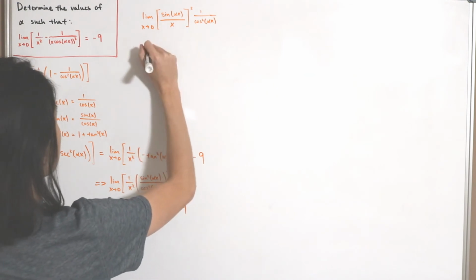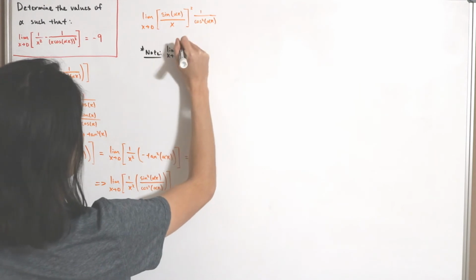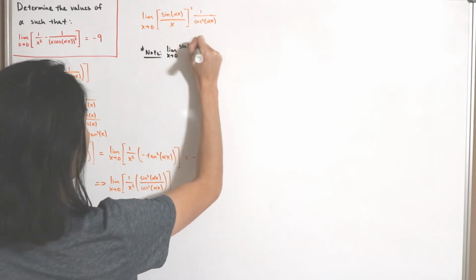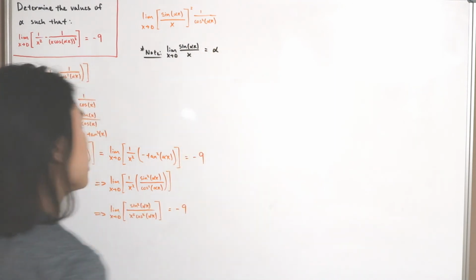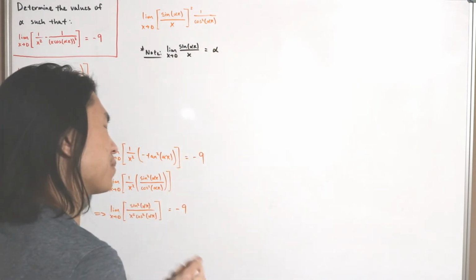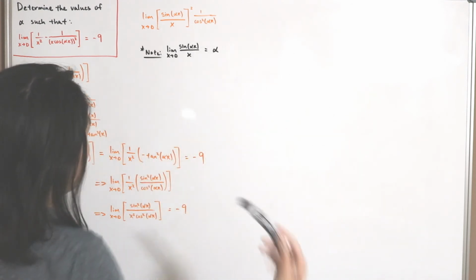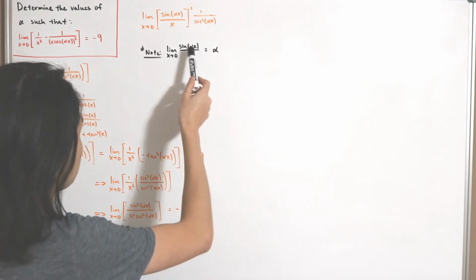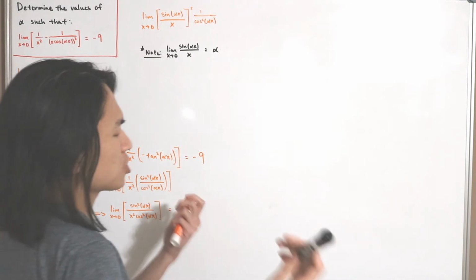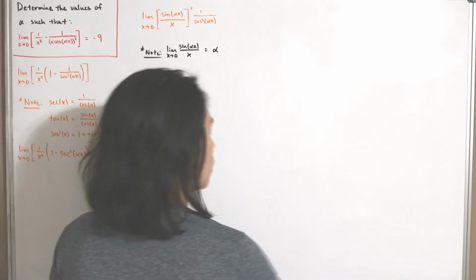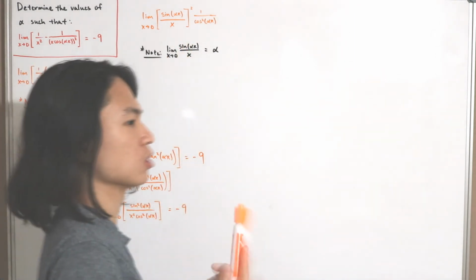Note that the limit as x approaches 0 of sine of alpha x divided by x is just equal to alpha. It's very close to when we evaluate the limit of sine of x divided by x equals 1. So it's just a constant multiple of its input. It's pretty much the proof that I did where we evaluate this limit, minus the alpha, and you don't use L'Hopital's rule.